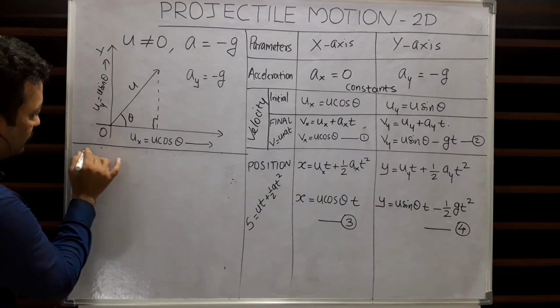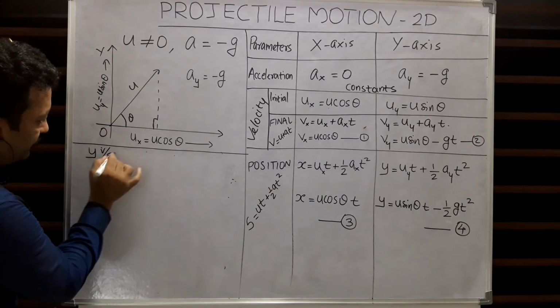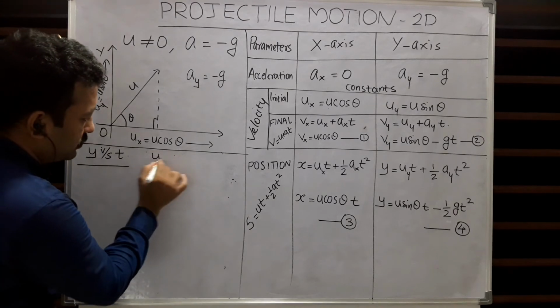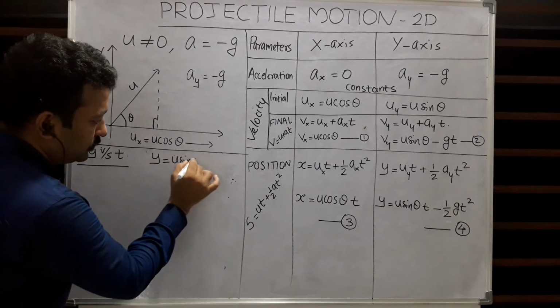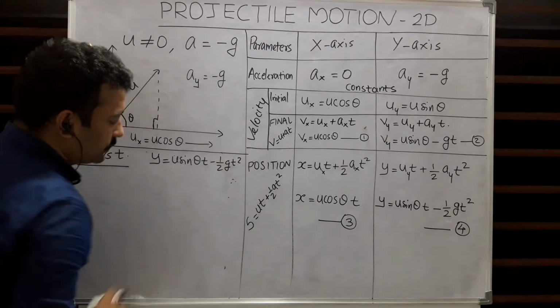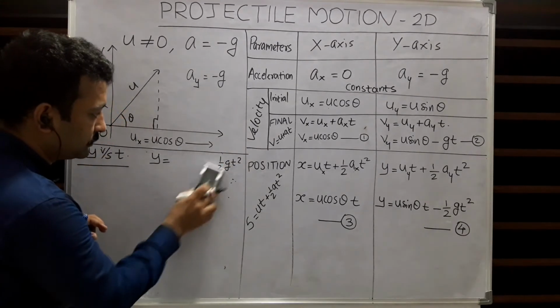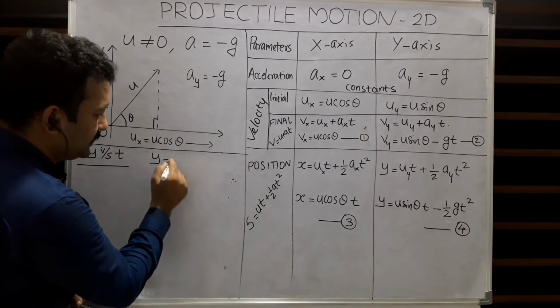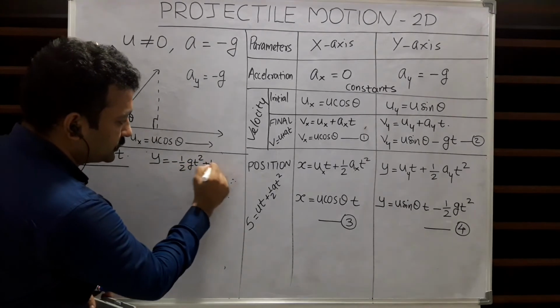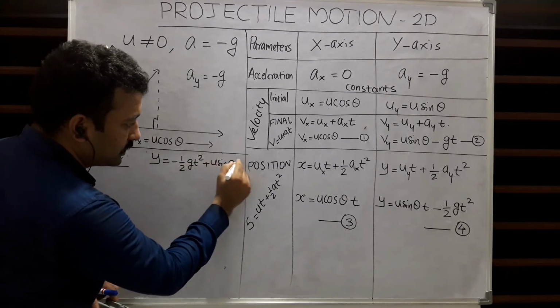Variation of y with respect to t, or y versus t. y is equal to u sin theta t minus half g t square, or this is minus half g t square plus u sin theta t.